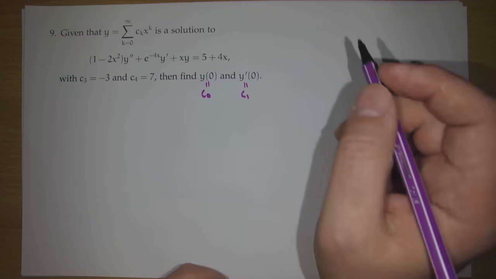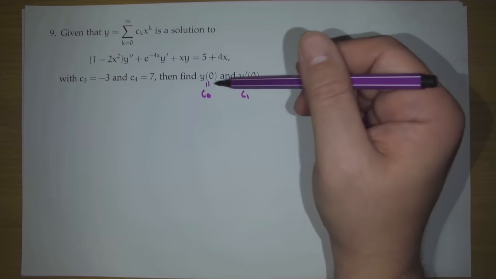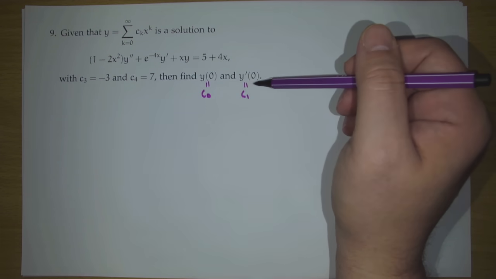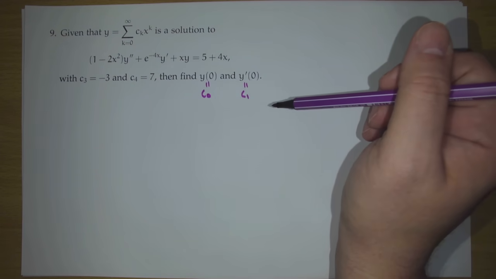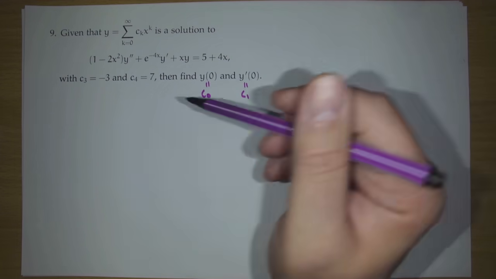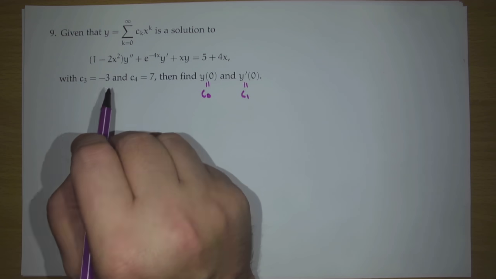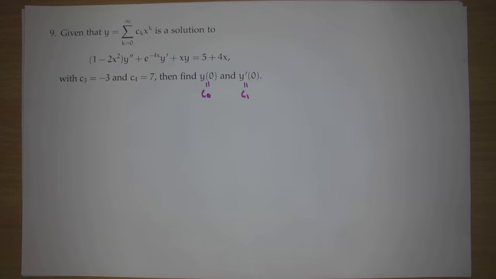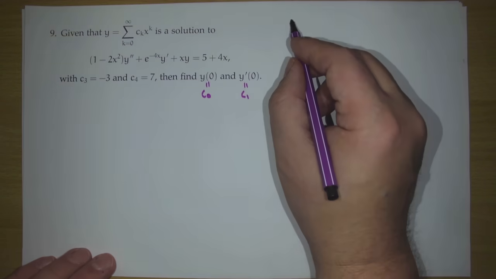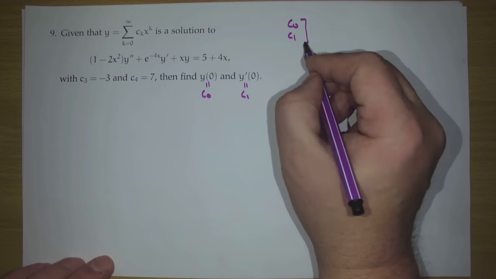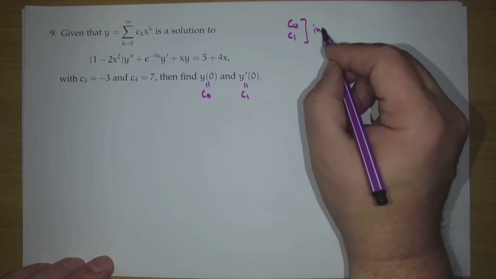Now let's think about that. We know C0, C1 comes from our initial conditions, usually. So if I was looking for C3, C4, how far would I have to look? Like up to what power would I look? Well, so C0, C1, these would normally correspond with initial conditions.